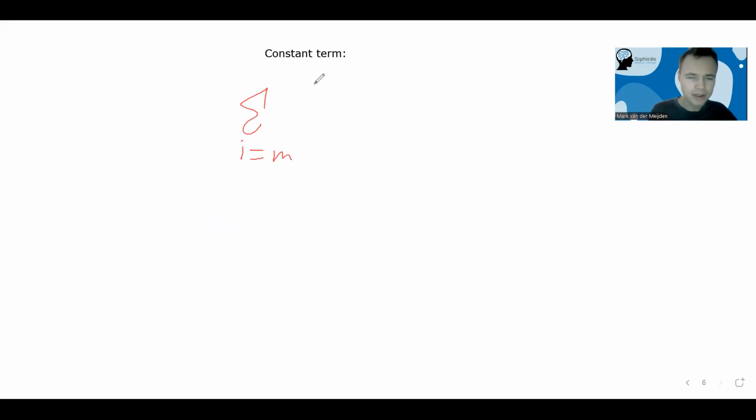So m will be a number all the way up to n. And then you're adding some constant. So there's no i in this expression. And what this constant term property tells you is that the final outcome will be n minus m plus 1 times c.